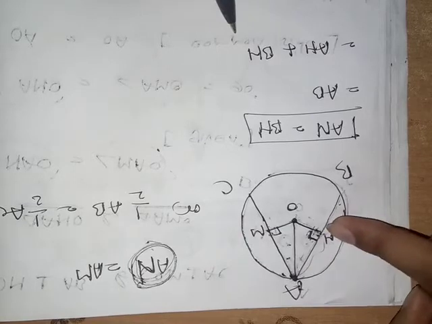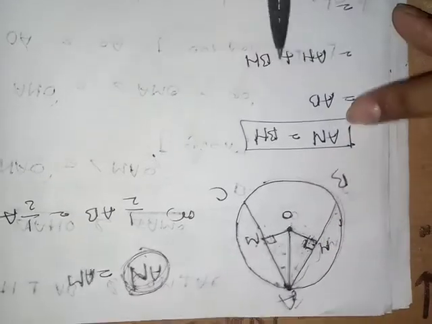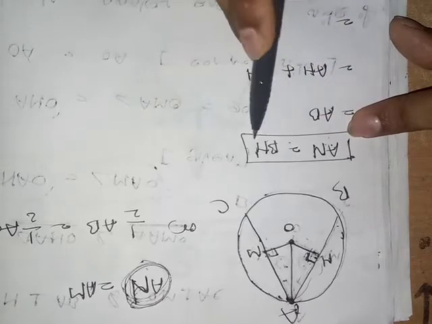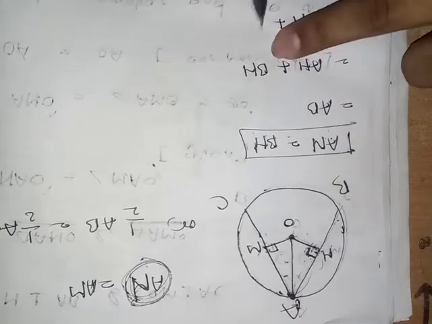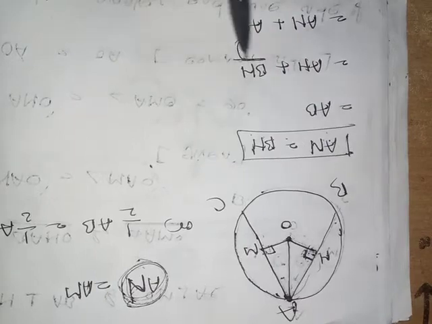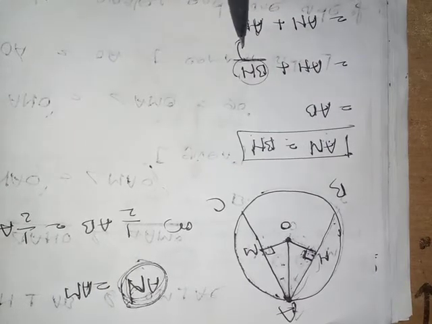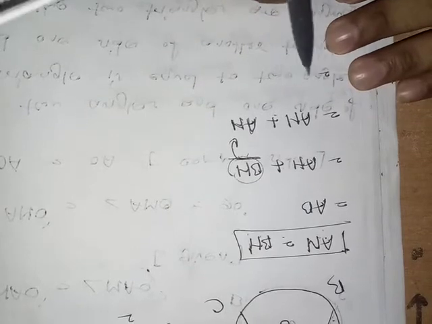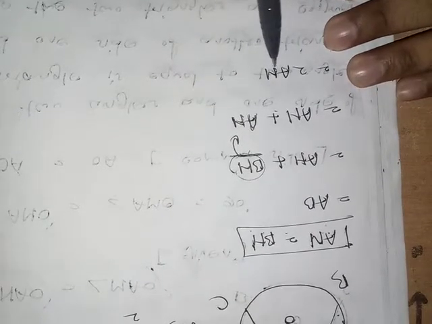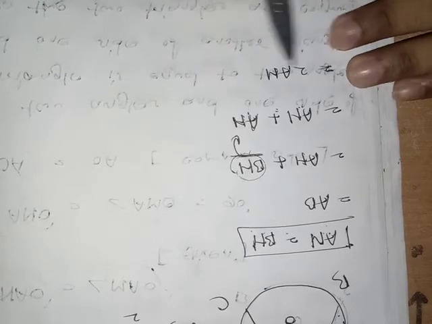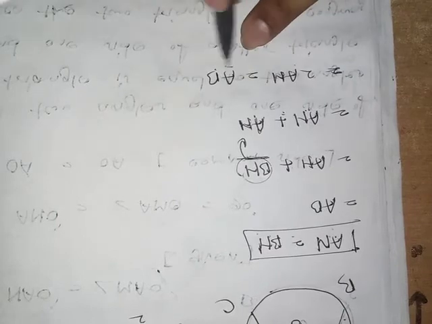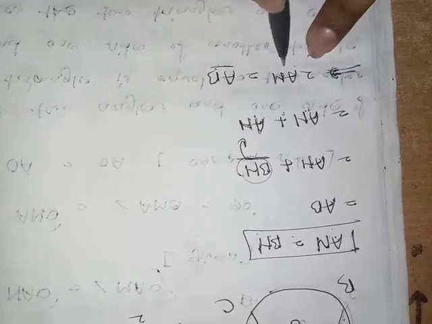Now see, AN is equal to BN, so I can write AN instead of BN. So AN plus AN is equal to 2AN. So AB is equal to 2AN. So AN is equal to half AB.